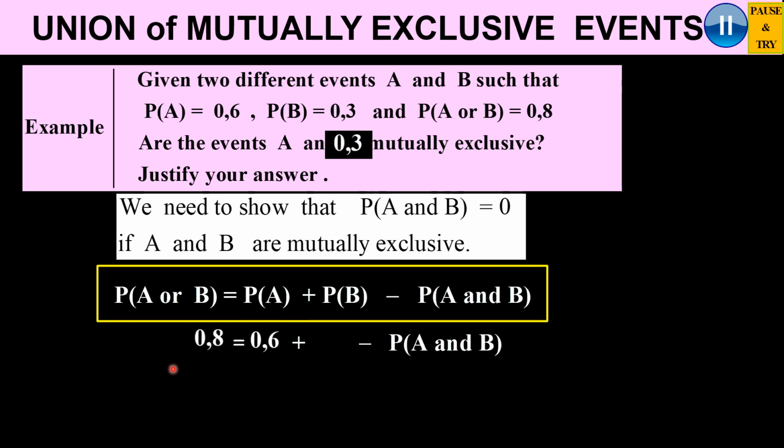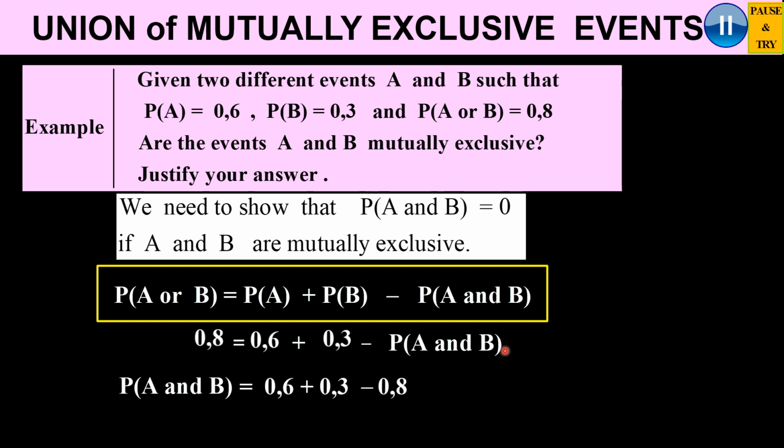Probability of B is 0,3, and we can substitute it there. And so the only one that's missing is the probability of A and B. Doing a little bit of manipulation, we transpose the probability of A and B to the left side, and then we have 0,6 plus 0,3 minus 0,8. I do the little bit of arithmetic there.